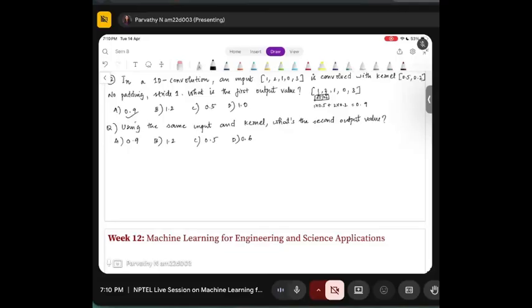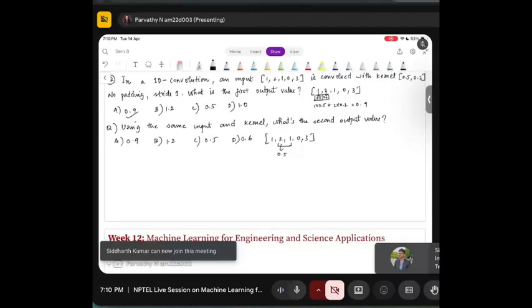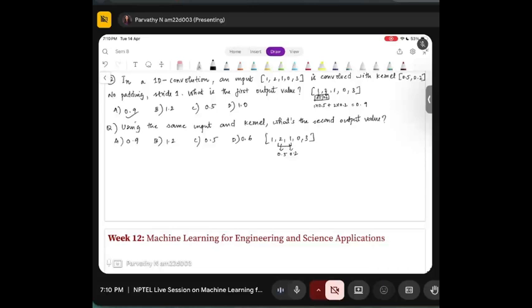Yeah. So it is 1, 2, 1, 0, 3. So when the stride is 1, it will move only one step. So it will take these two and then multiply with 0.5 and 0.2. So it will be 2 into 0.5 plus 1 into 0.2, which is 1.2.